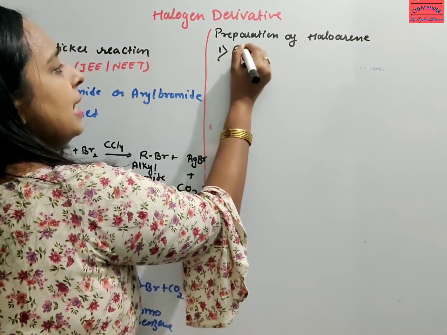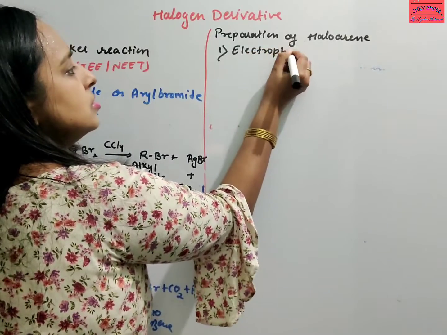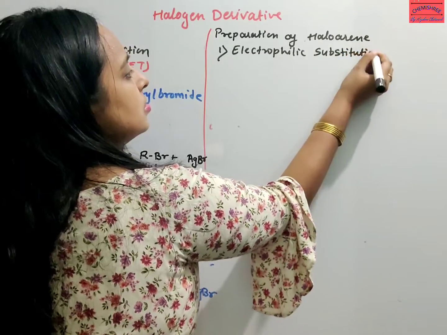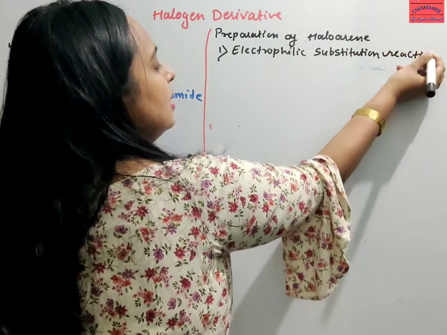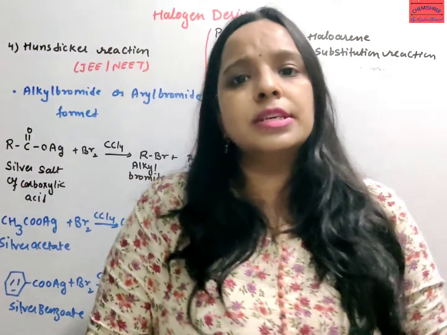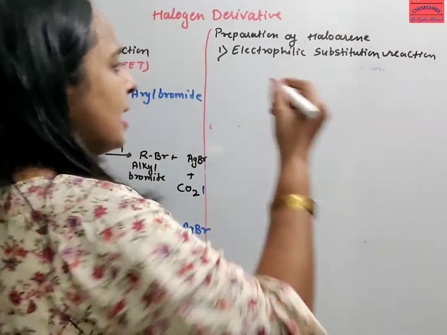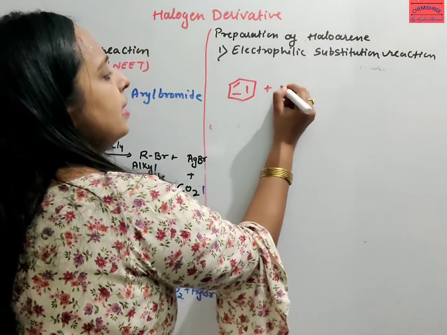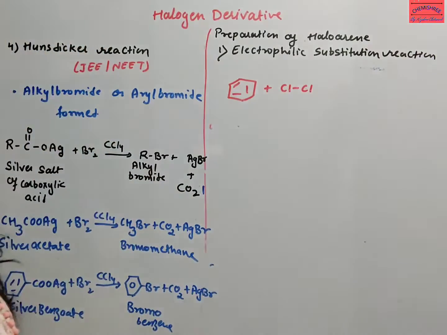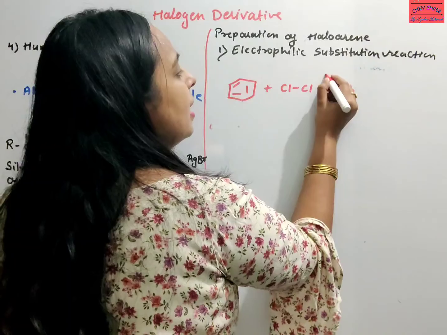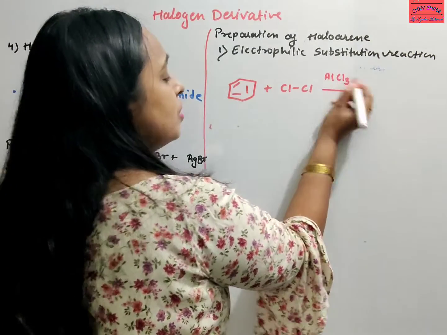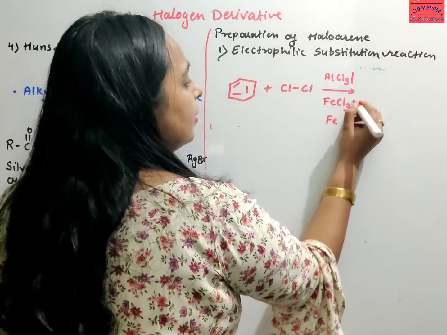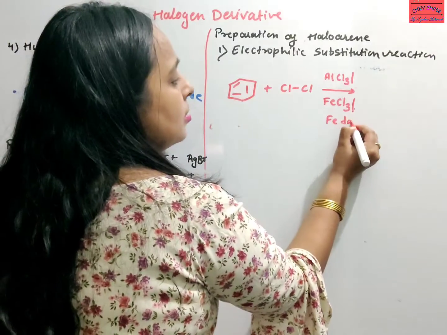First method is electrophilic substitution reaction. This reaction you have already studied last year in chapter hydrocarbon. Let us see the reaction. When benzene is treated with halogen in presence of anhydrous AlCl3, or instead of AlCl3 you can also use FeCl3 or Fe in dark, any catalyst.